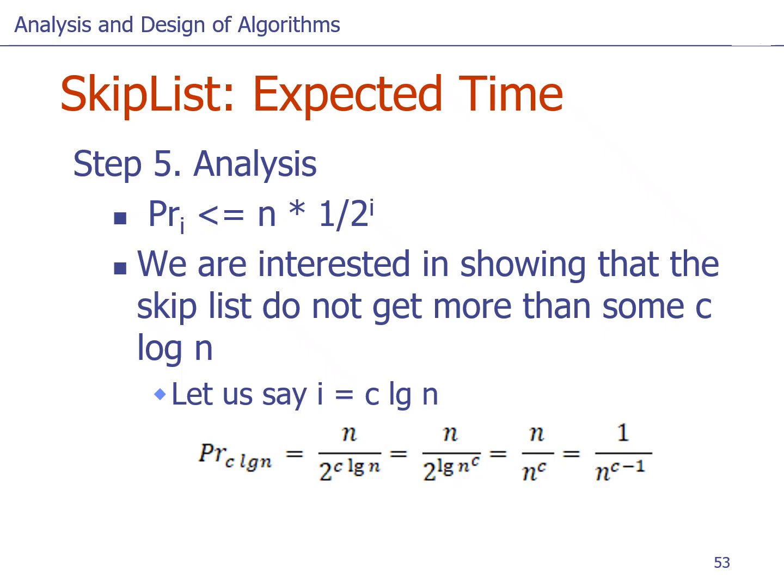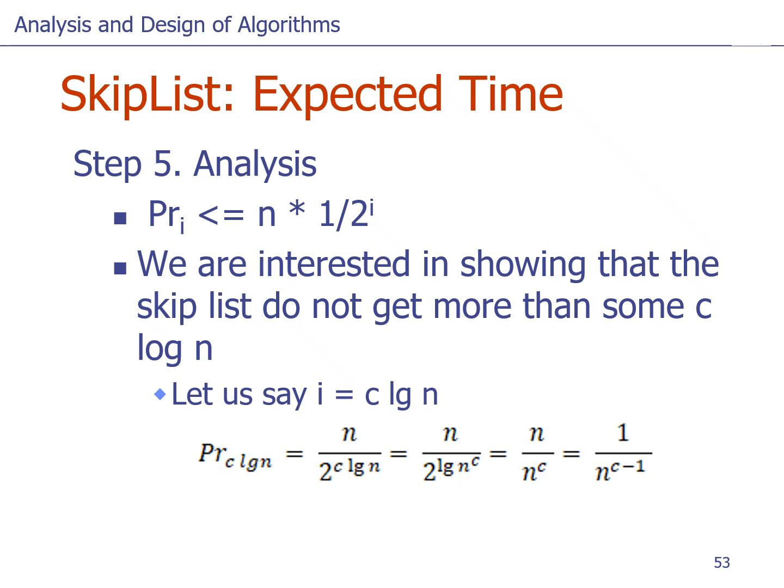Okay? So I'm interested in calculating the probability of at least one item going to level log n, whatever that amounts to. Okay? Now, I will just substitute the I with log n in the equation we were just looking at.